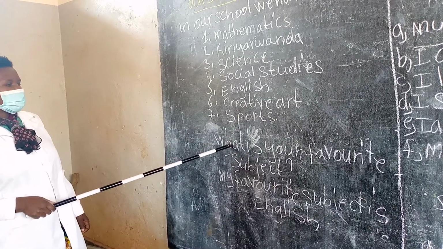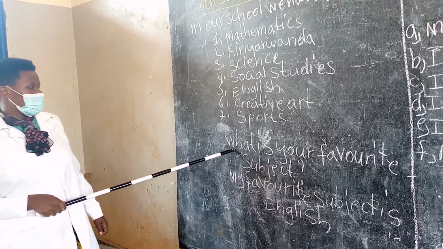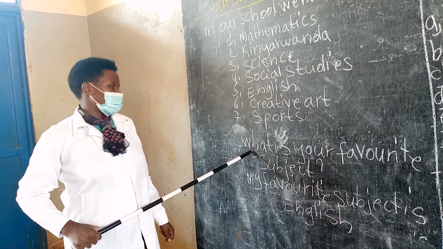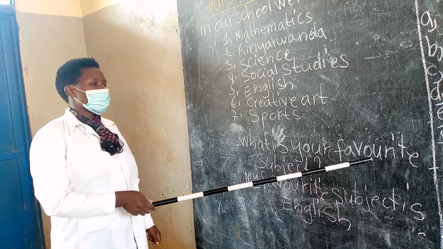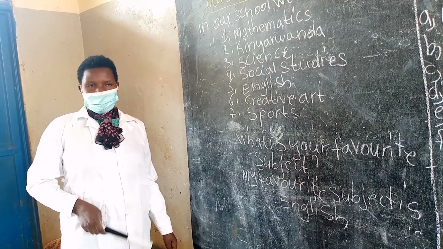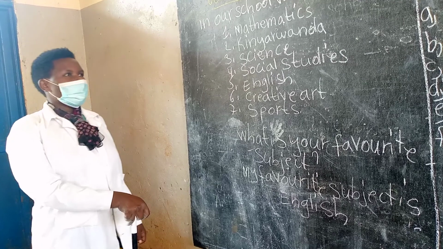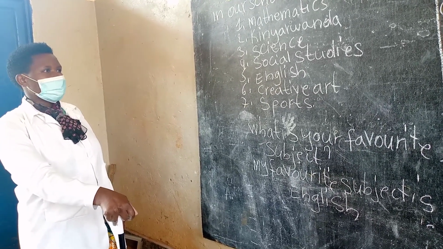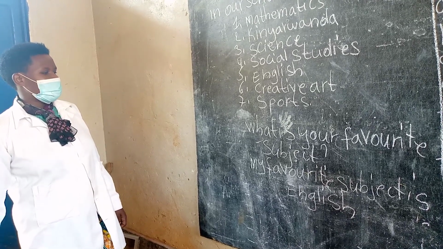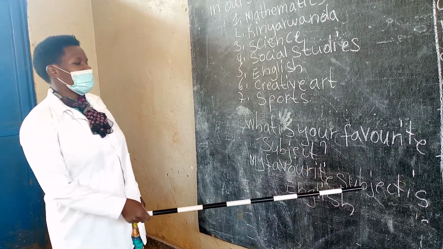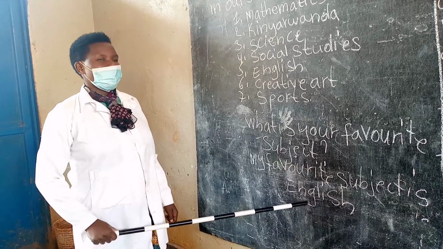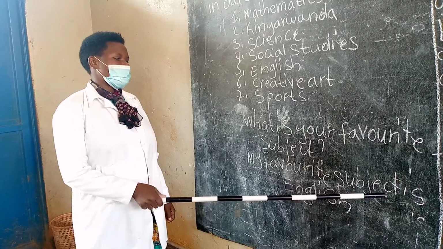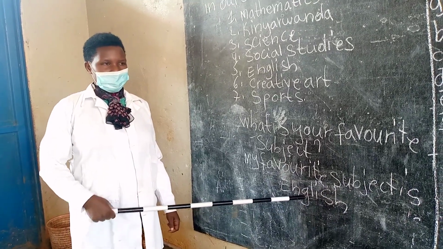The question that you may ask, or that the children can be asked, is what is your favorite subject? When you ask the runner, what is your favorite subject? The runner can answer by saying, my favorite subject is English.